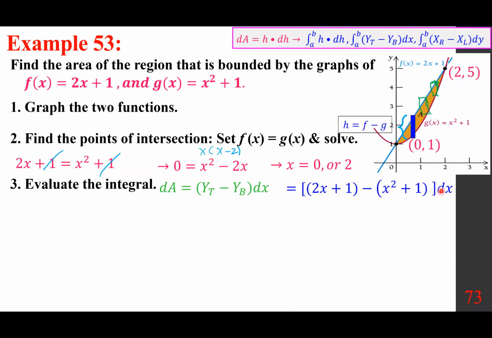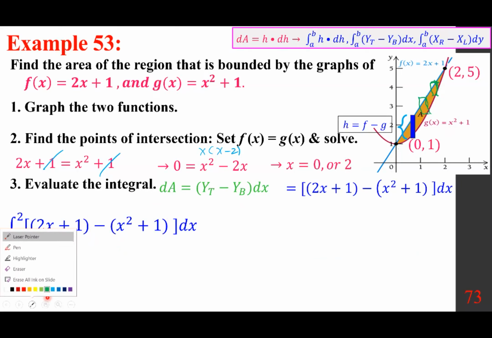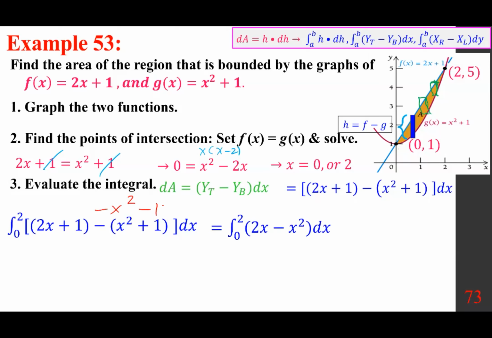So put it into an integration sign and evaluate it from 0 to 2. To do that, let's simplify. This is 2x minus x squared. These two cancel each other because plus 1 minus 1. Very simple case of integration.